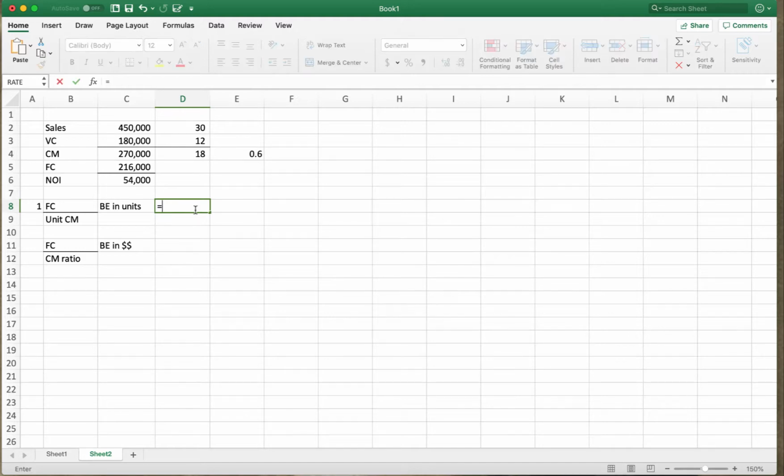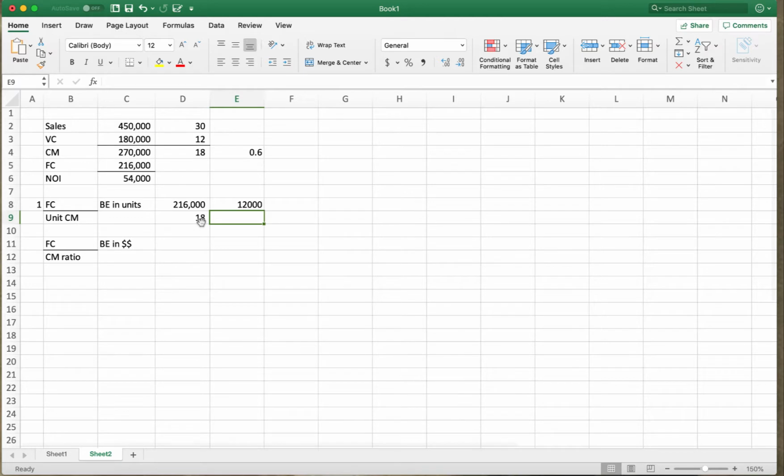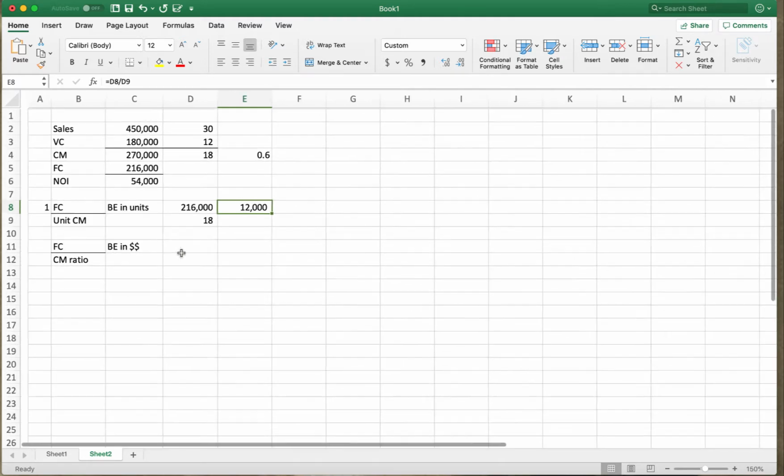So let's go ahead and work it out. We have our fixed costs of $216,000 divided by our unit contribution margin of $18. Our break-even in units, hopefully, is 12,000 units. Yep, looks good to me. Perfect. Now, to get our break-even in sales, very easy.